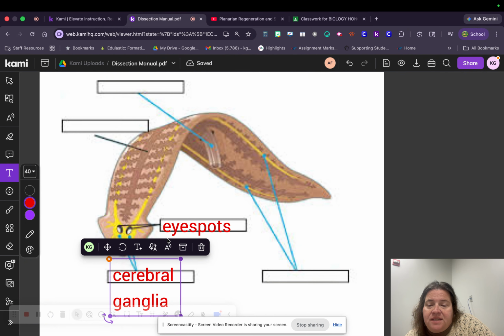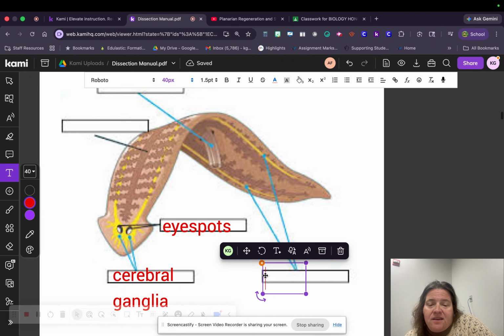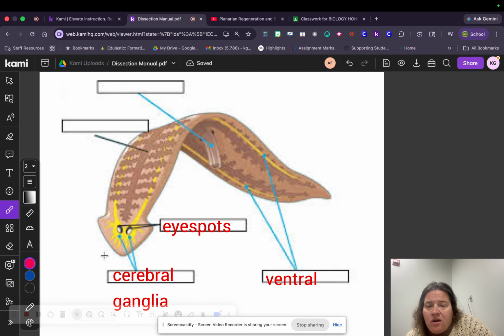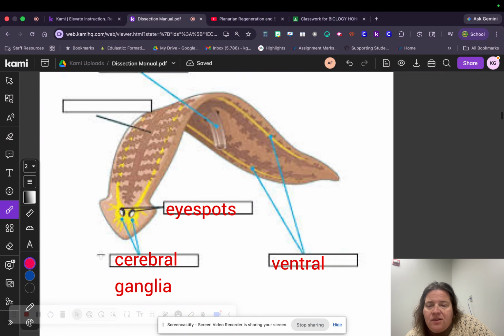All right, and then proceeding from the cerebral ganglia are 2 nerve cords, and so that'd be equivalent to like our spinal cord, but they have 2 nerve cords, and they're on the belly surface. And I stress that because I don't have a separate lab where we look at these anatomical terms like anterior, posterior, but they are important, and I like to use them in their context.